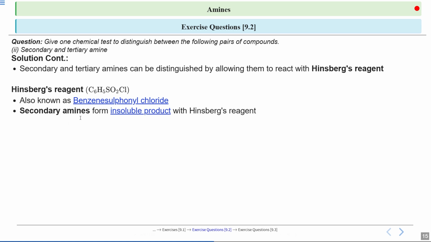Secondary amines, when they react with Hinsberg's reagent, which is benzene sulfonyl chloride, form insoluble sulfonamides, while tertiary amines do not react.